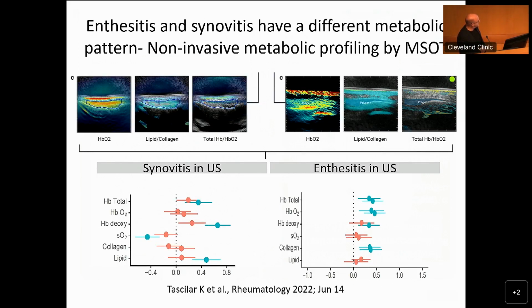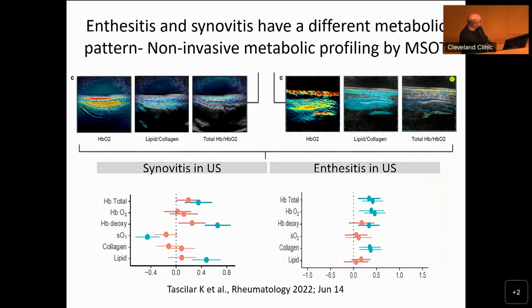There is increased oxygen in general in the tissue, which means there is higher vascularization, but there is also very strong oxygen consumption leading to a drop in O2 levels in the joints. What you also see is an increased lipid content in synovitis, whereas in enthesitis, there is increased vascularization, as you see here. There's not much oxygen consumption, but there's increasing collagen, which indicates that there is a tissue response going on in enthesitis. So you can see that these two features of the disease are essentially different.